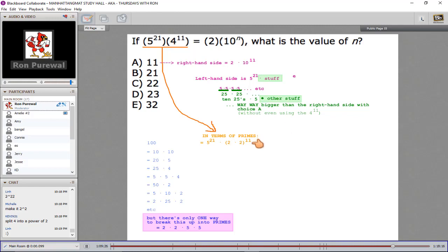How many 2's is that? Yeah, although, you know what? This is 22 2's. You don't need to memorize exponent rules to do that, because you can just think about writing this out.